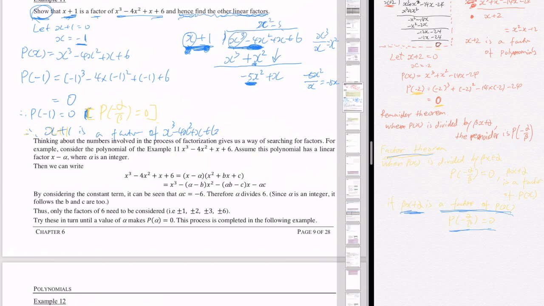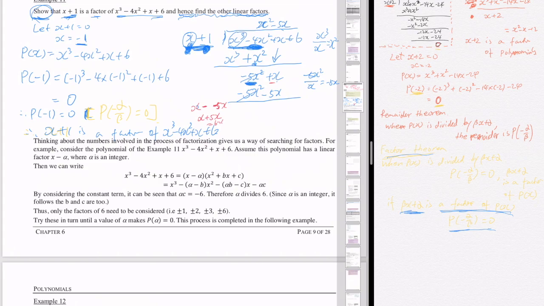Bring that negative 5x over here, and then we multiply. x times negative 5x gives me negative 5x squared, and 1 times negative 5x gives me negative 5x. Then subtraction: that cancels out, then x minus negative 5x, so x plus 5x equals 6x.